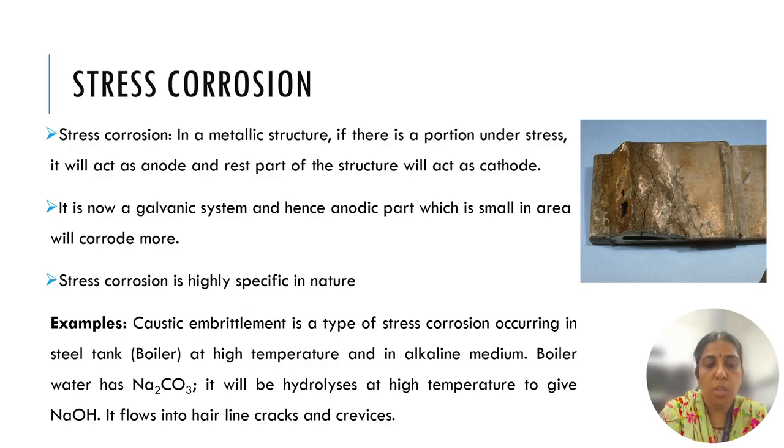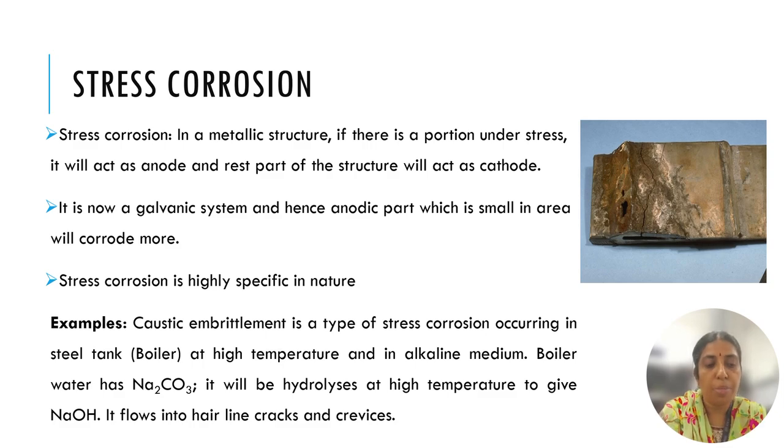The untreated raw water has Na2CO3 and many other salts and deposits. It will be hydrolyzed at a higher temperature to give NaOH. This NaOH will act as a caustic. It will generate an alkaline environment inside the boiler surfaces, and it flows into very hairline cracks, penetrating all these small cracks.